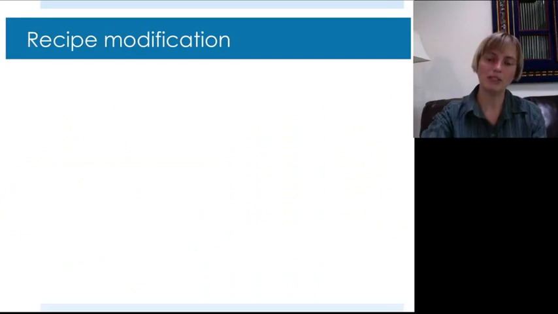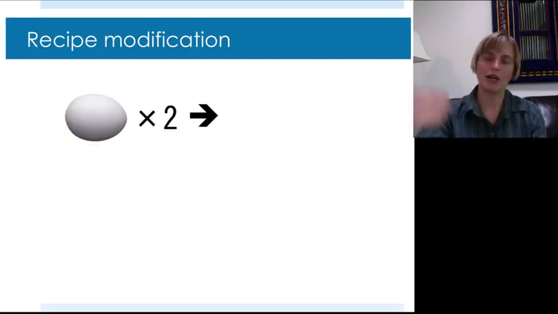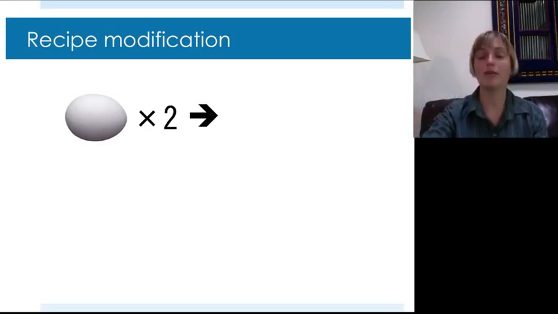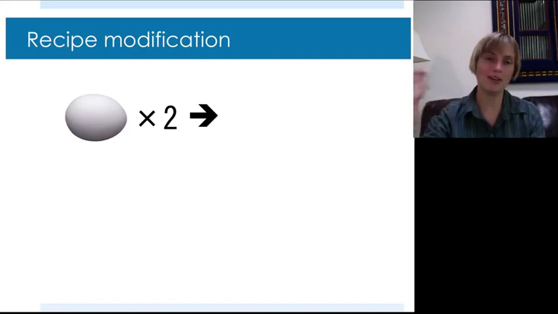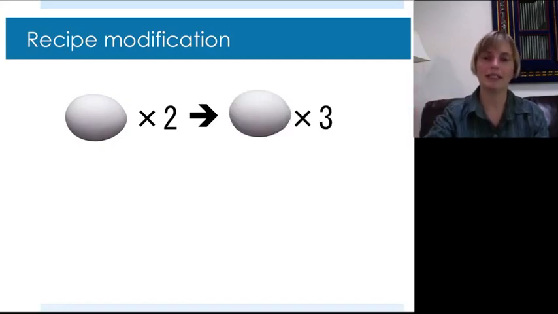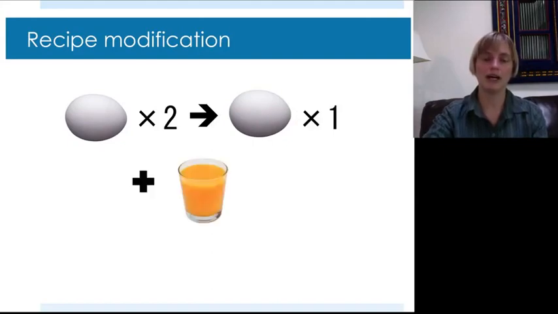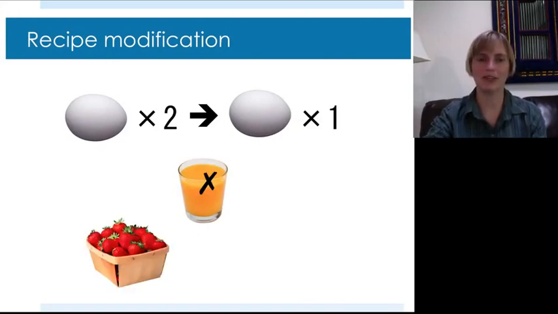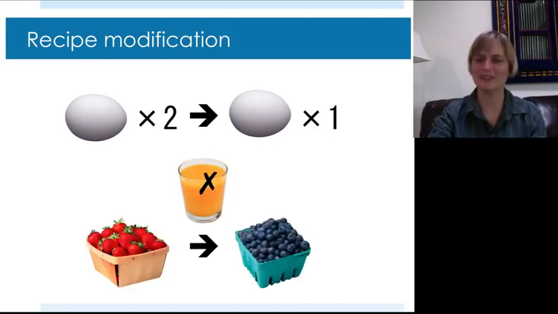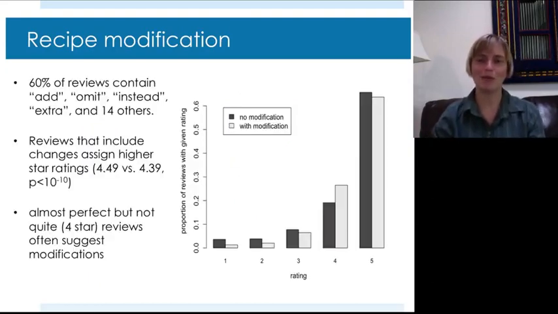But we also wanted to know, what kinds of networks can we extract out of the reviews, and even before that, are the reviews tweaking, say, the quantity? So instead of 2 eggs, maybe you want to put 3, or maybe just 1, and maybe you want to add orange juice for some reason, or not, or strawberries, or who knows? There are all sorts of things that can happen when people review recipes.